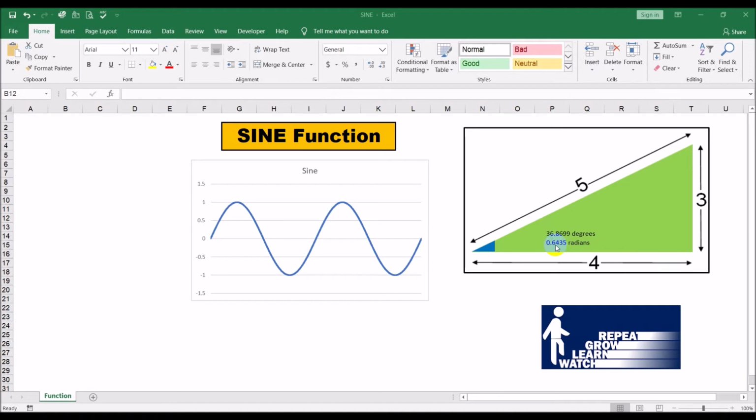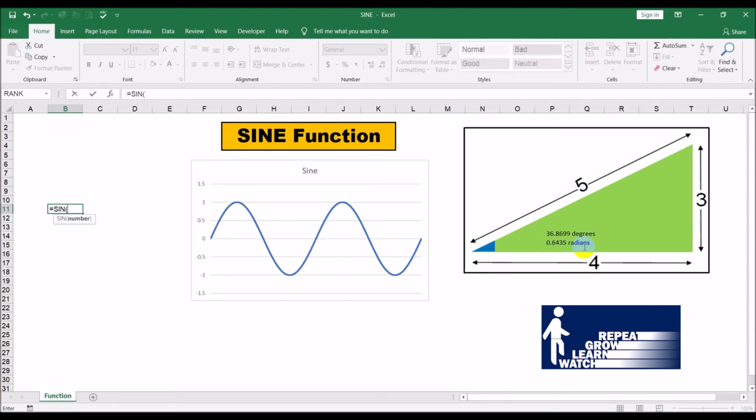But let's come back to the sine function. The way you calculate it is equals SIN. There are two sine functions available, the regular sine and the hyperbolic sine, just like we had in the cosine. We will be doing a separate video on the hyperbolic sine. So let's go ahead with the regular sine, and its parameter is the angle.